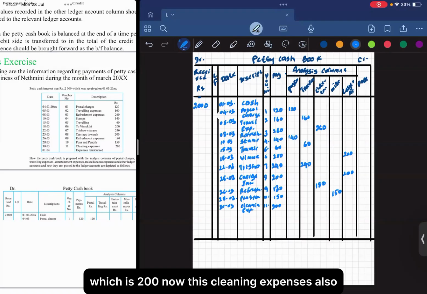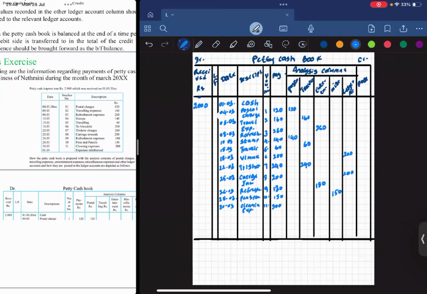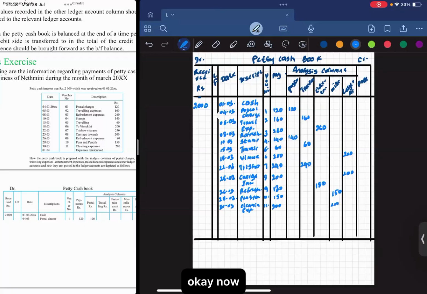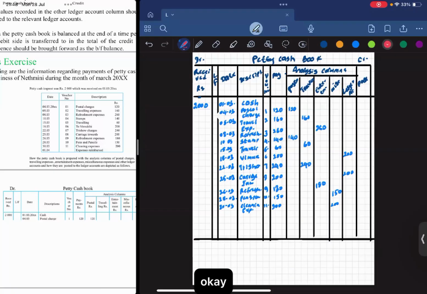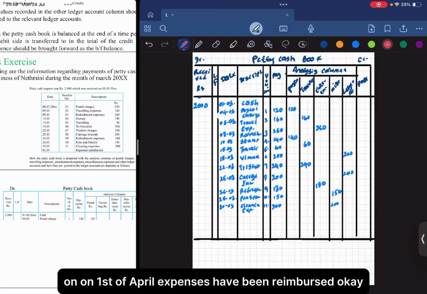Now this cleaning expenses also we will be including under miscellaneous expenses. Now if we look at all these transactions we entered so far, we have another one remaining. On 1st of April, expenses have been reimbursed.